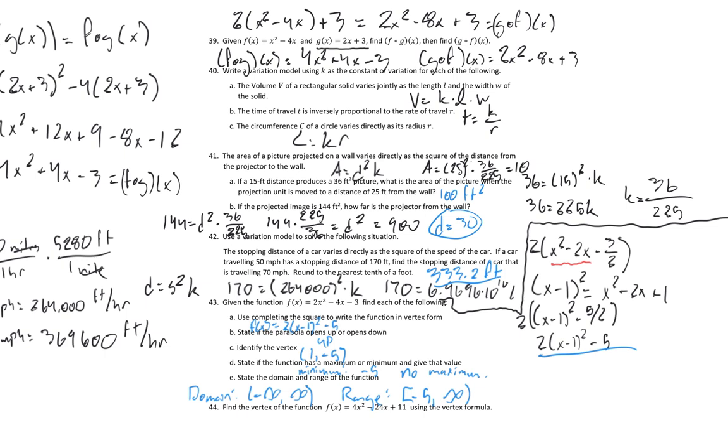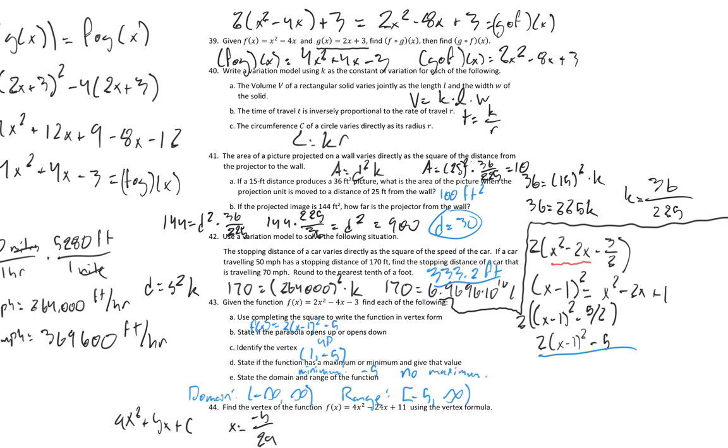Next, find the vertex of the function f of x equals 4x squared minus 24x plus 11 using the vertex formula. So the vertex formula, if we want to find the x value of our vertex, if we have ax squared plus bx plus c, the x value should be negative b over 2a.